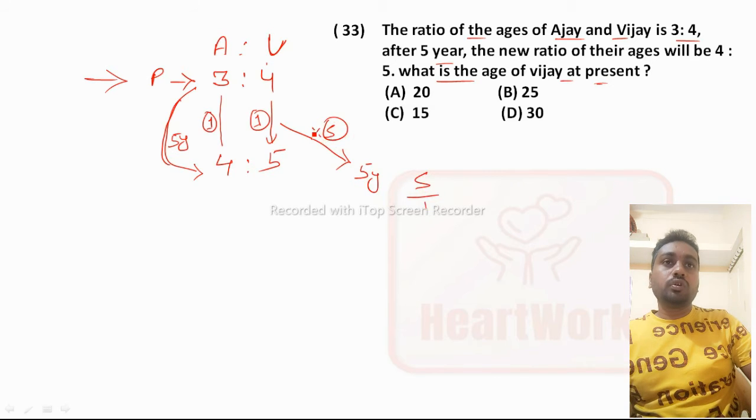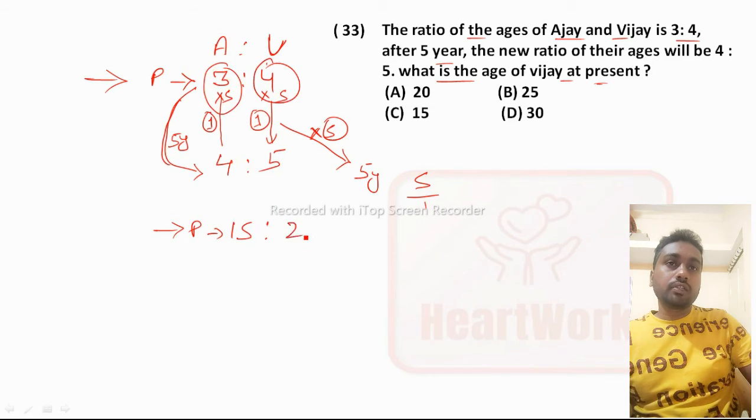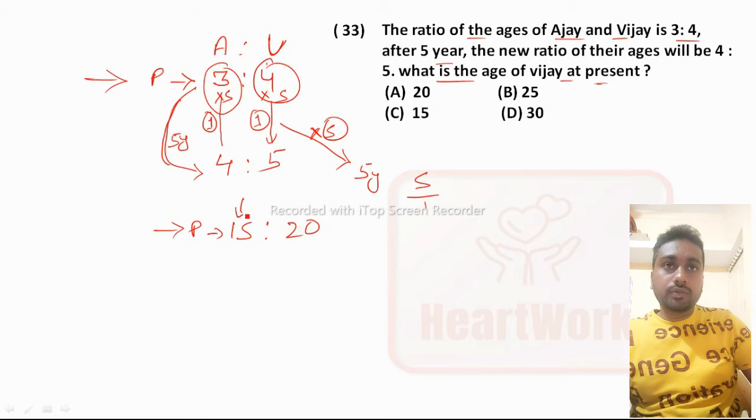We need to multiply the present ratio by 5. So for Ajay and Vijay, 3 into 5 is 15 and 4 into 5 is 20. So Ajay's age is 15 and Vijay's age is 20. Option A is the right answer.